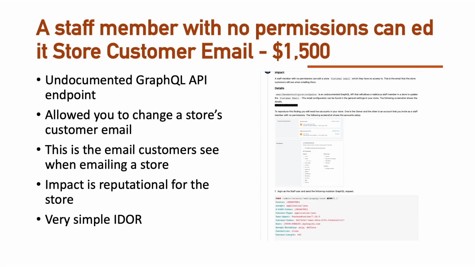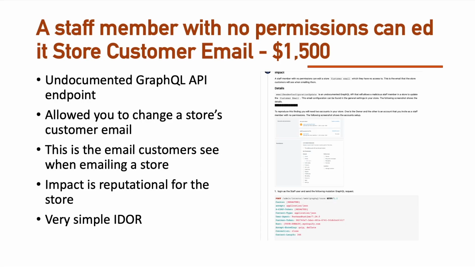Now, it's a simple IDOR. You could do it without being logged in as a staff member, without the permission, sorry. And the impact really is reputational. If you could change the customer-facing email address to something rude, that's going to be a reputational loss for not just Spotify, but really for Spotify's customer, their client.